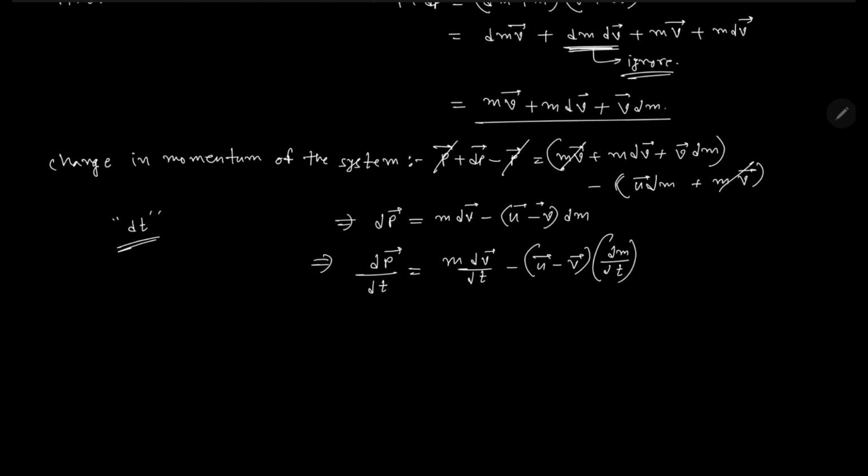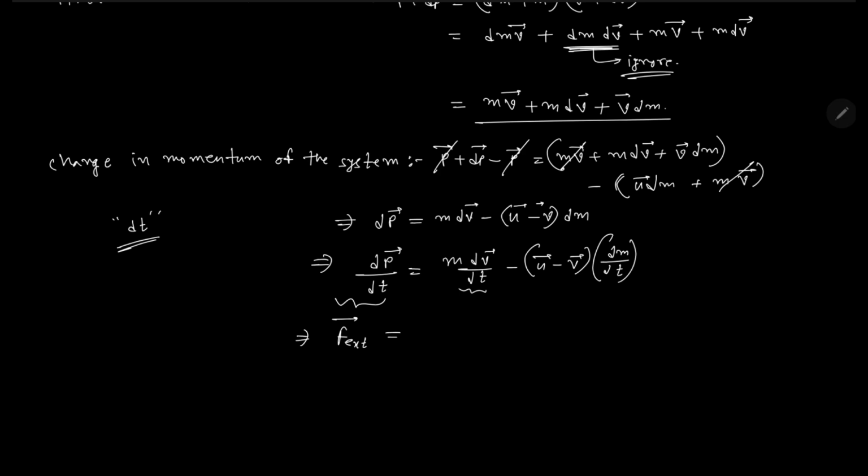Notice very carefully that this dp vector divided by dt is the rate of change of linear momentum of the entire system. So according to Newton's second law of motion, that is the net external force applied to the system. So that will become simply the net external force. Now this dv by dt is your acceleration.